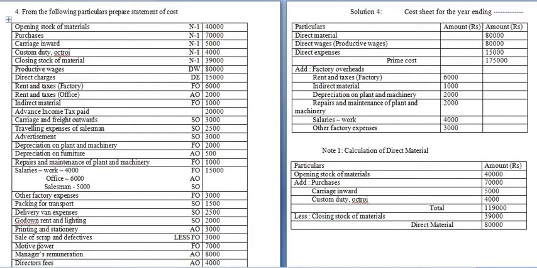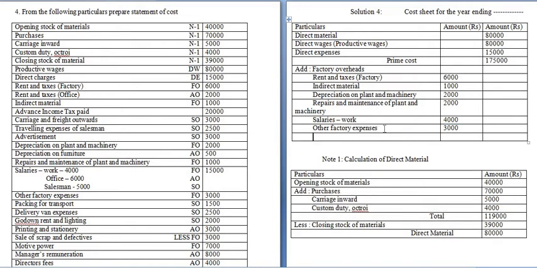Now this sale of scrap and defectives will be taken after making total of factory overheads. Next comes motive power. Amount is 7,000.